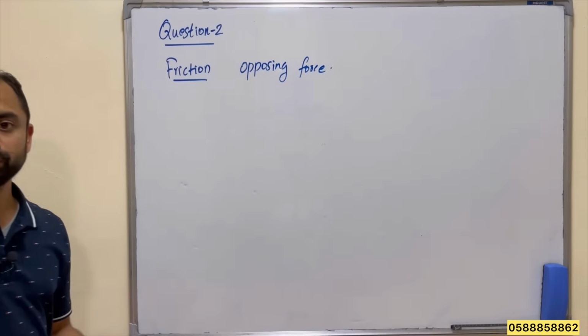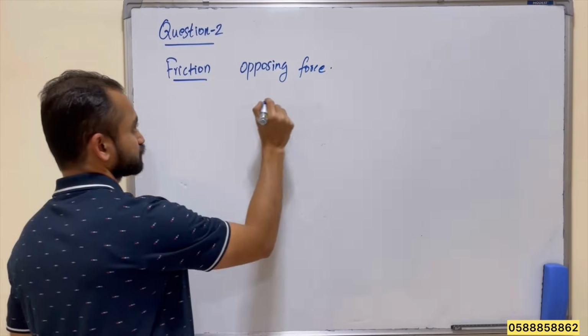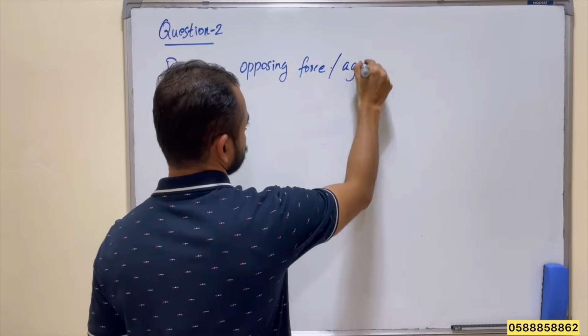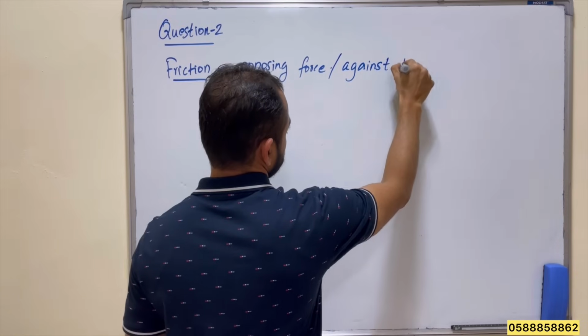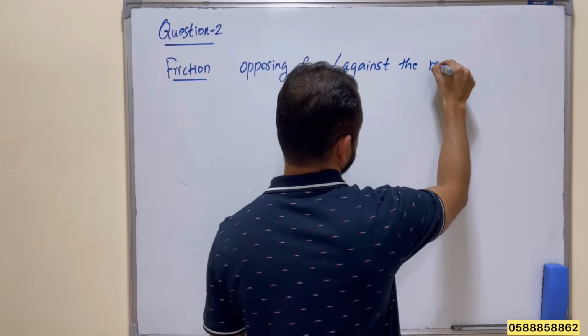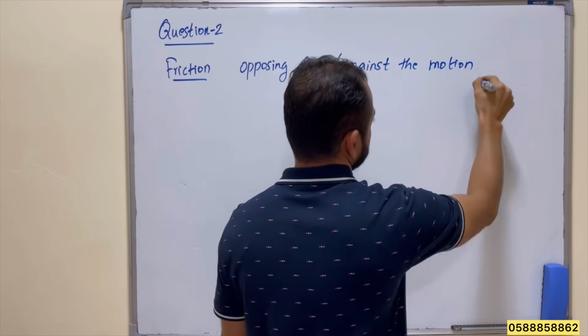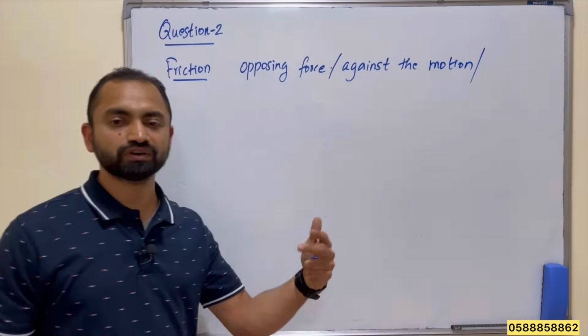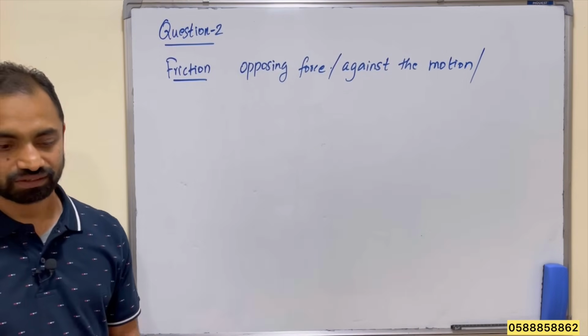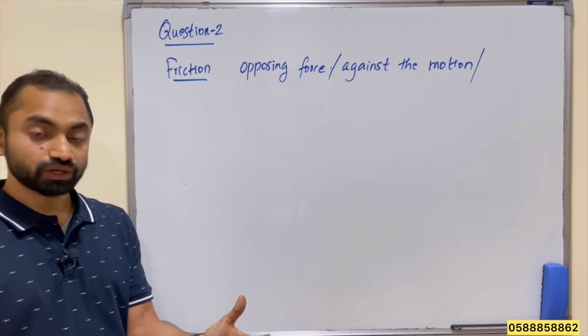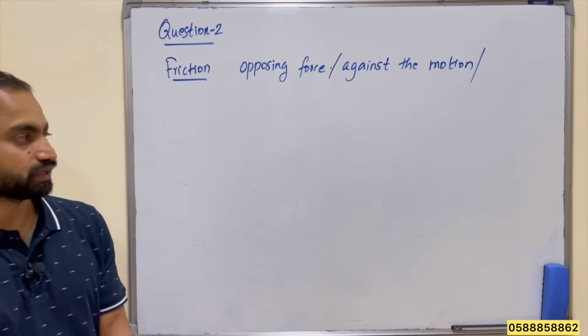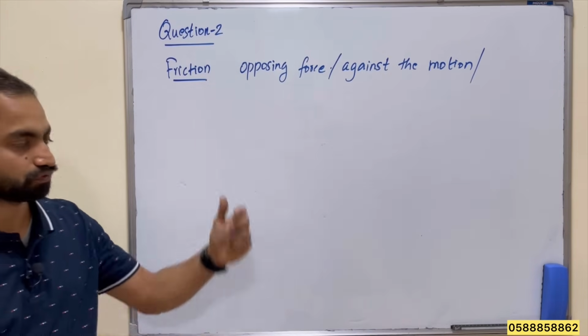So friction opposes the motion, right? So we can say friction is against the motion. If an object is moving over the surface of the other, then there will be an opposing force between the surfaces in contact.